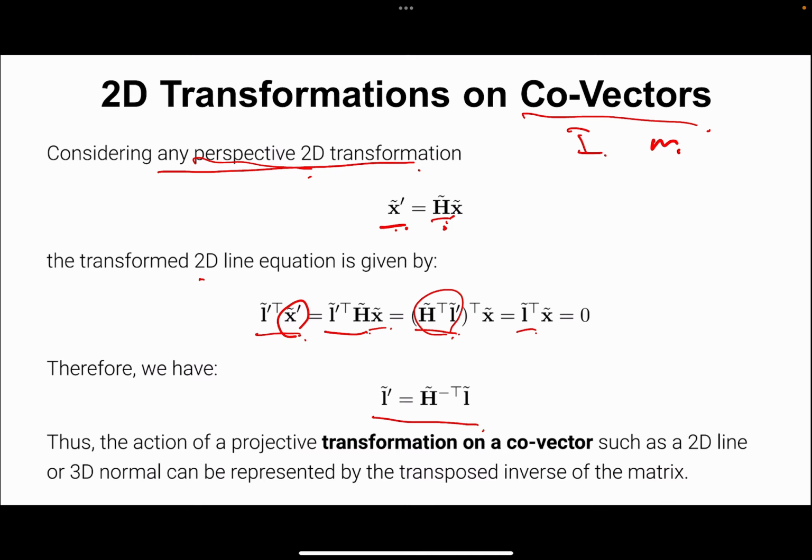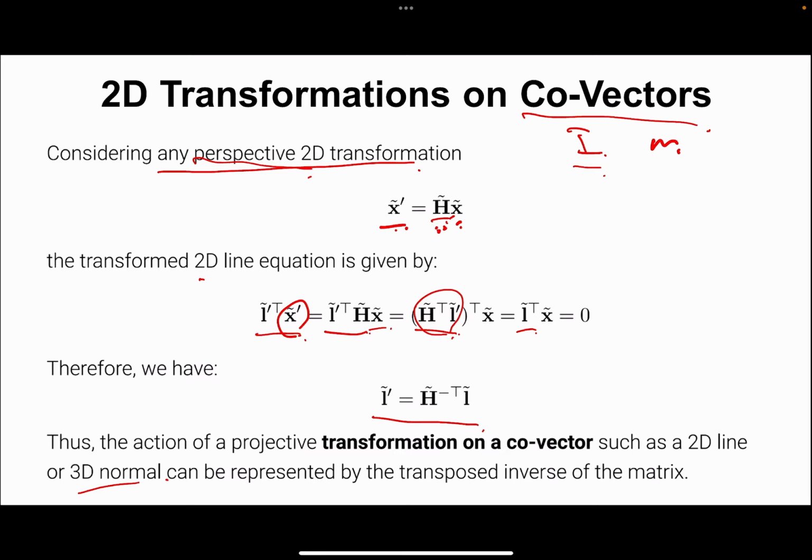So the action of projective transformation on a covector, such as a 2D line l or a 3D normal, can be represented by the transpose inverse of the matrix. How can we interpret this intuitively?